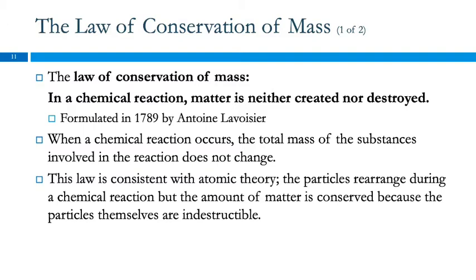This is consistent with atomic theory because atomic theory says that what happens in a chemical reaction is that you're taking the individual atoms apart and putting them back together in a different way, but all of those atoms are still there.